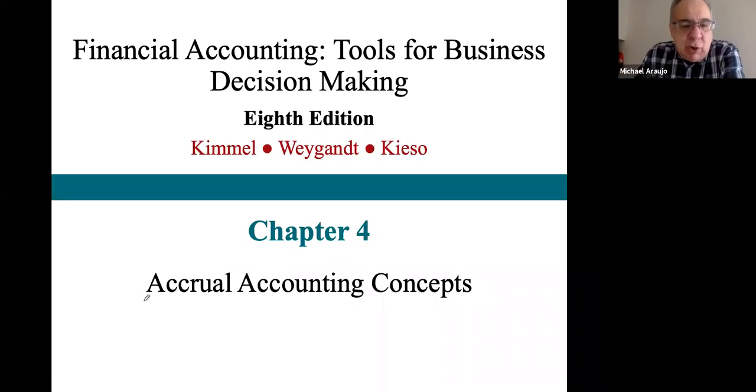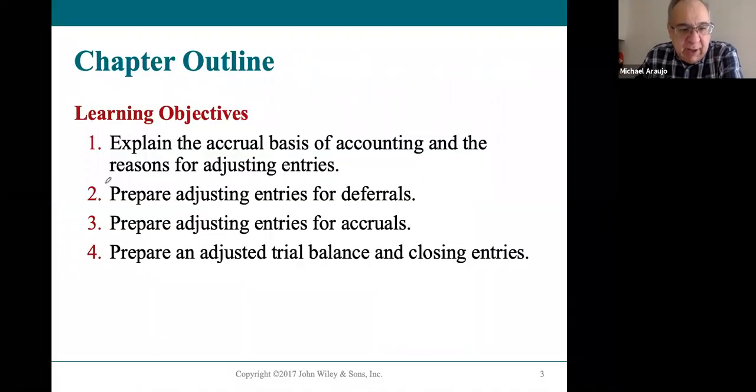Okay, so chapter 4 basically finishes our accounting cycle that we started in chapter 3. Today we're going to be focusing specifically on the generally accepted accounting principles that apply to what's called an accounting cycle, right?